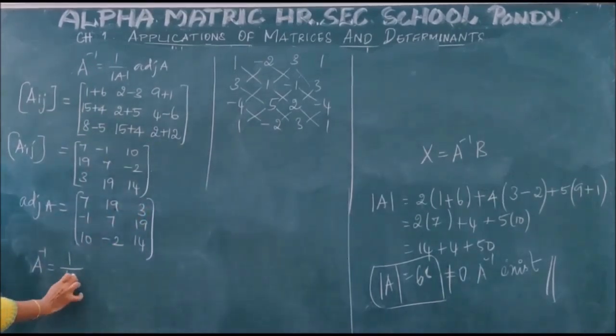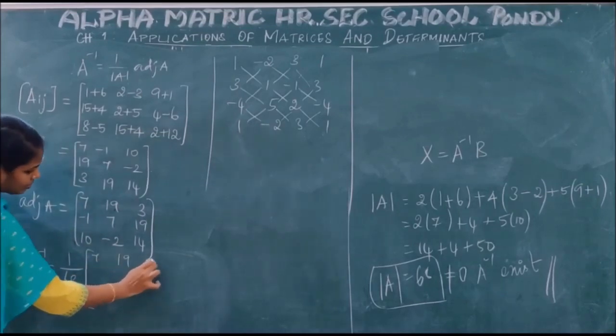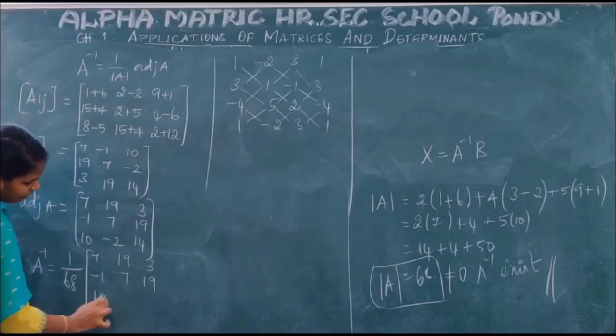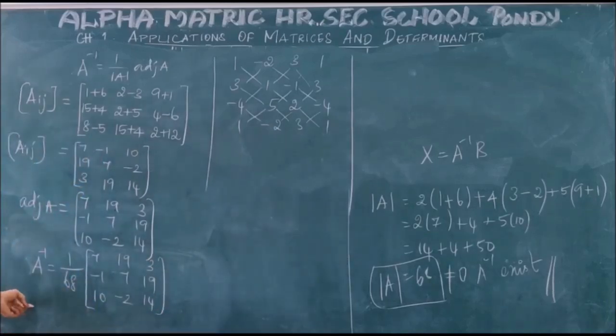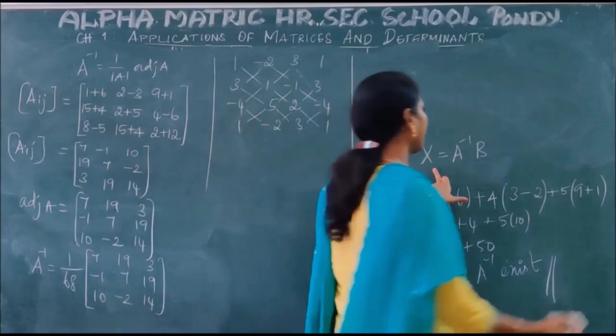It is 68 into 7, 19, 3, minus 1, 7, 19, 10 minus 2, 14. Okay. So now I got the value of A inverse. Now I am going to substitute this A inverse over here.